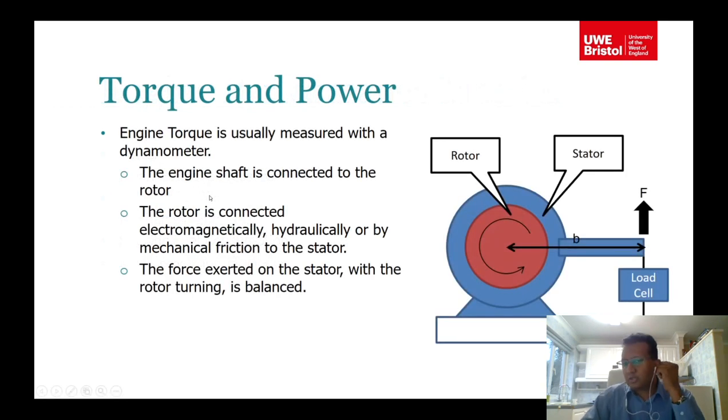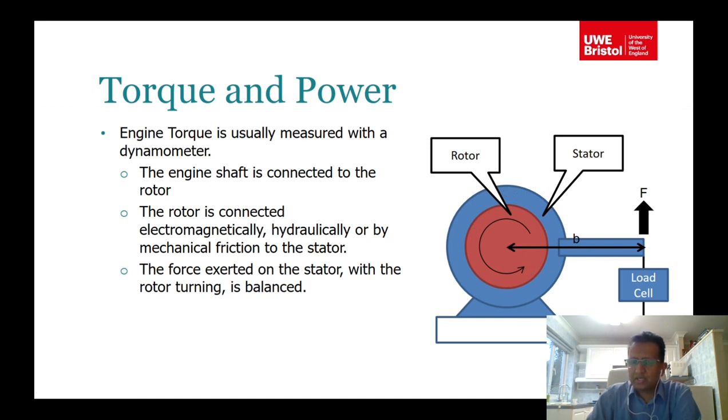Torque and power are interrelated. Power is actually the rate of torque, if you want to put it that way. Engine torque is usually measured with a dynamometer, and the engine shaft is connected to a rod like this. That's your engine. That's the rod.